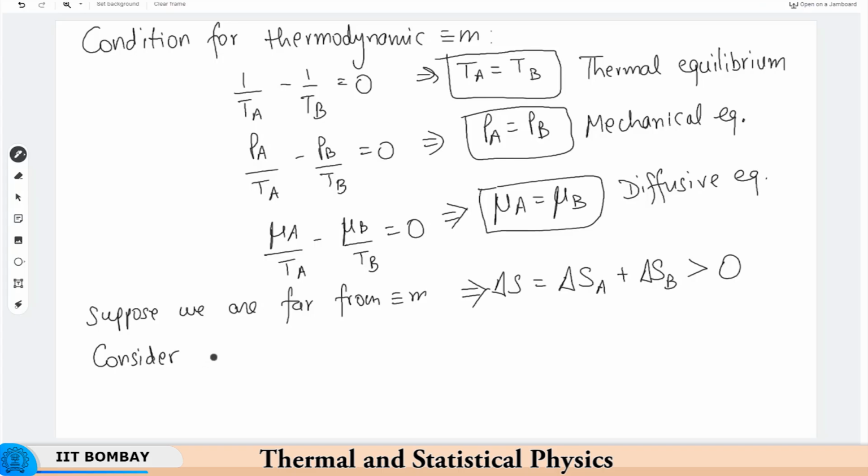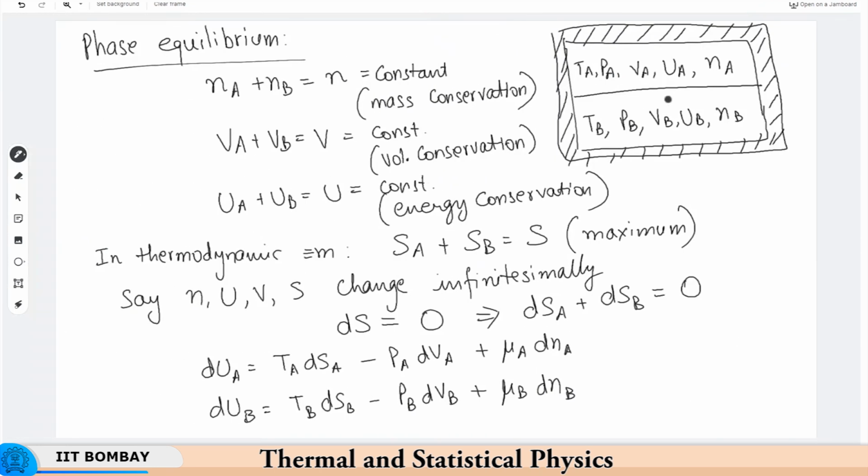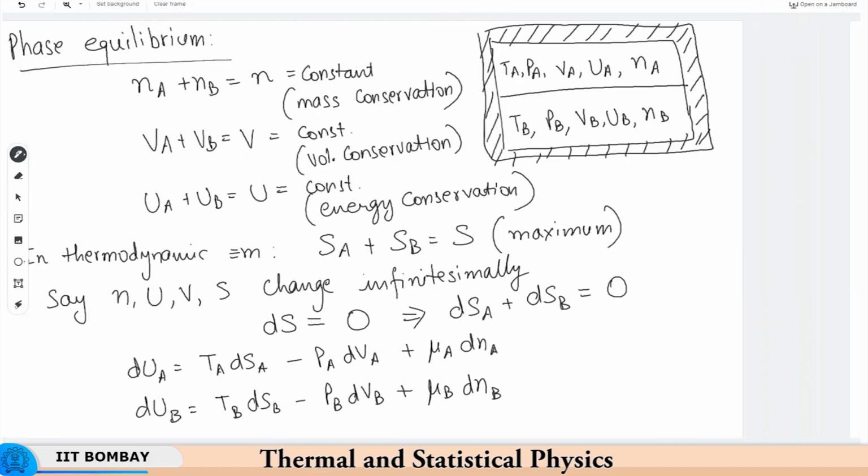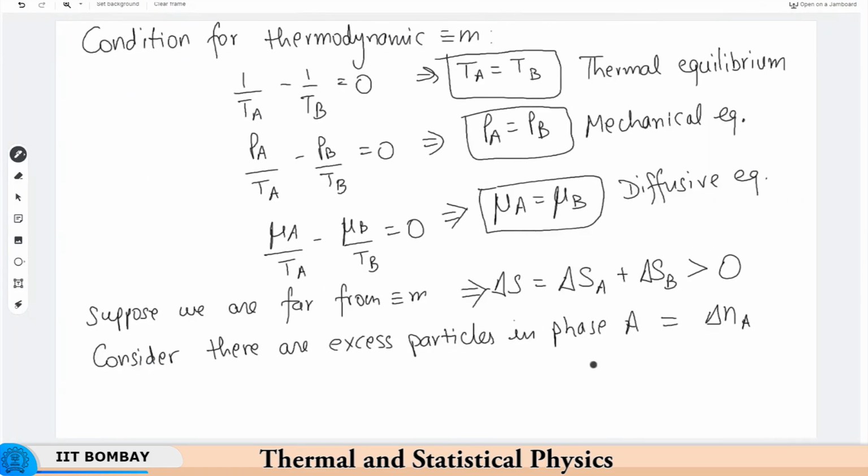Consider there are excess particles in phase A, by an amount delta N A. So, say there are more particles in phase A than there should be in the equilibrium state, and say that quantity is delta N.